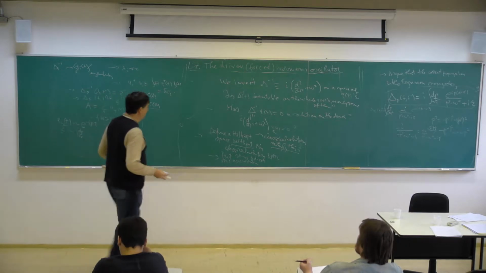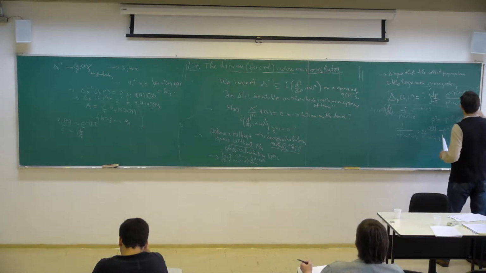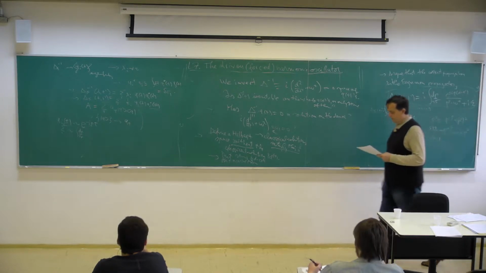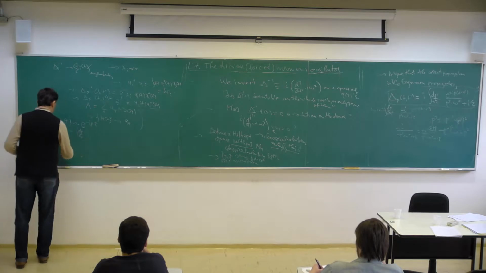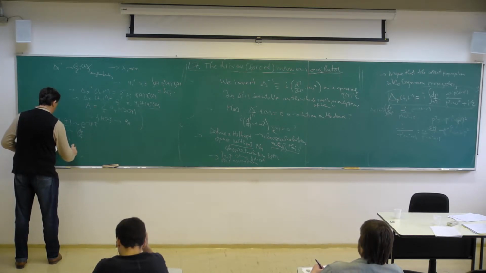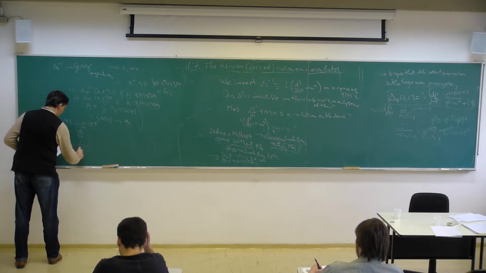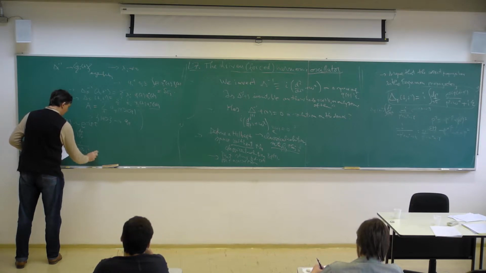And then by this logic, I would have that everything else, this thing, is the lambda i. So lambda i minus 1, sorry, like 1 over p squared minus omega squared plus i epsilon.